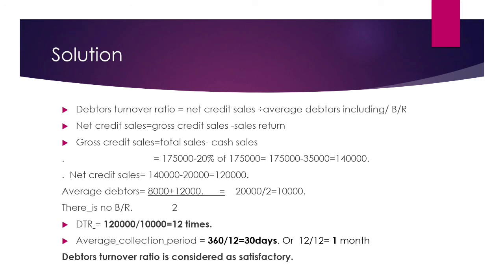Here 1 month is taken to convert the debtors into the form of cash. Next, the debtors turnover ratio is considered satisfactory because the standard is 7 times. So here the 12 times is satisfactory to the firm.